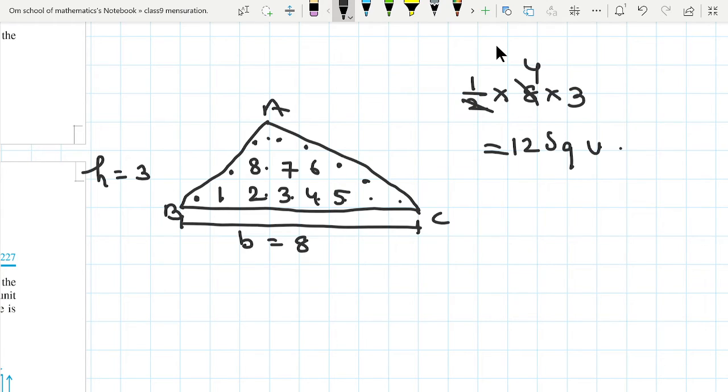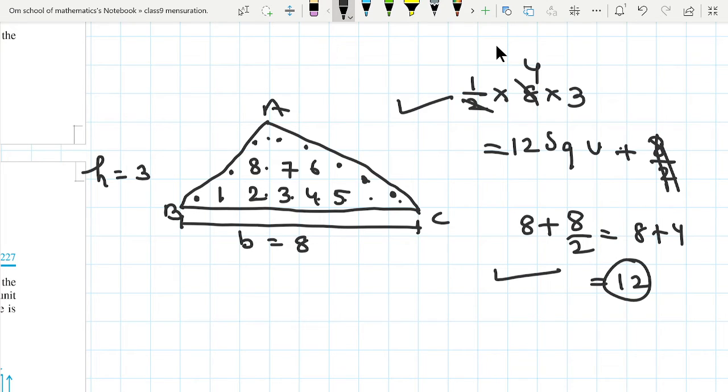So 8 incomplete squares are there. Yes sir, 8 plus 8 by 2 is 8 plus 4, that is equal to 12. So you can easily verify that the area of the given figure can be judged by using graph paper.